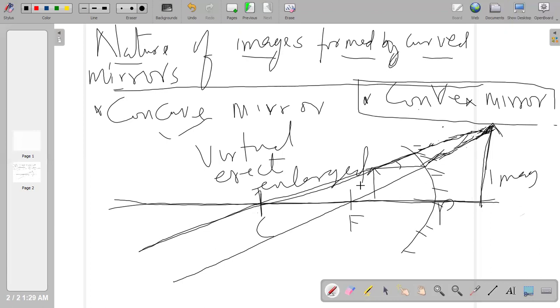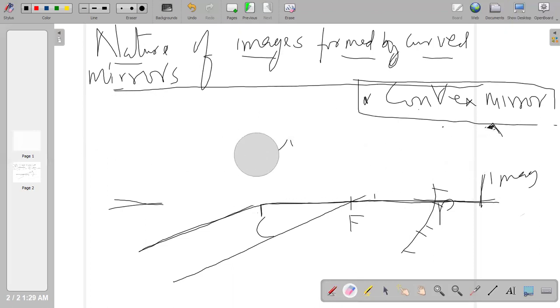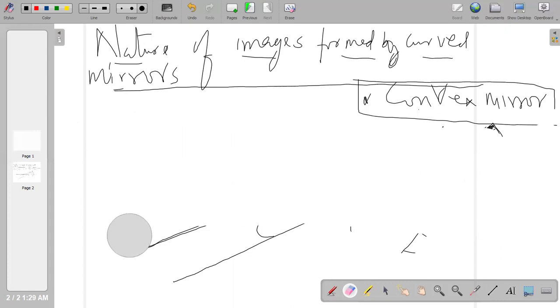Good. That is all there is for images formed by a concave mirror. Now let's look at the images formed by a convex mirror. By the way, a concave mirror is also called a converging mirror. Let's quickly look at the nature of images formed by a convex mirror.